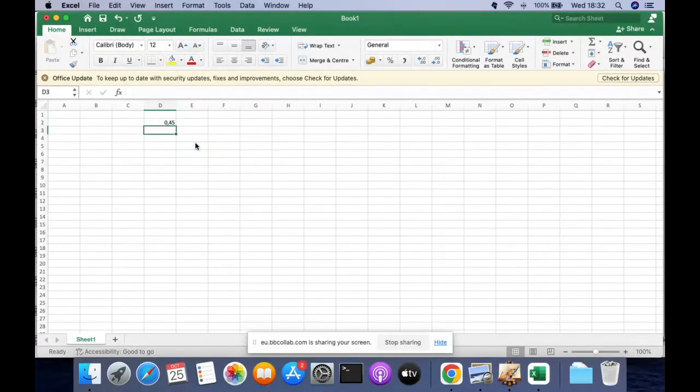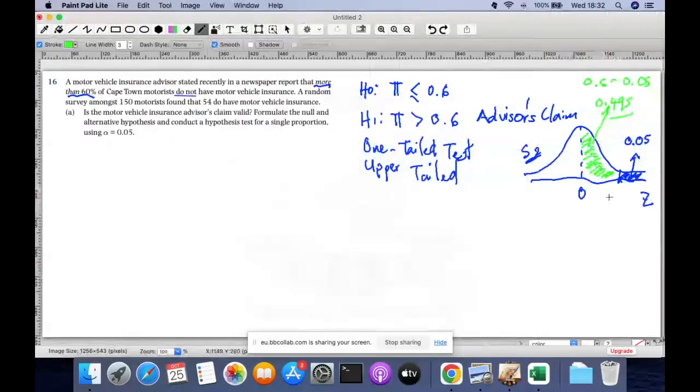0.45. Yeah, sorry. Change this. 0.45. Okay, so this green area is 0.45.